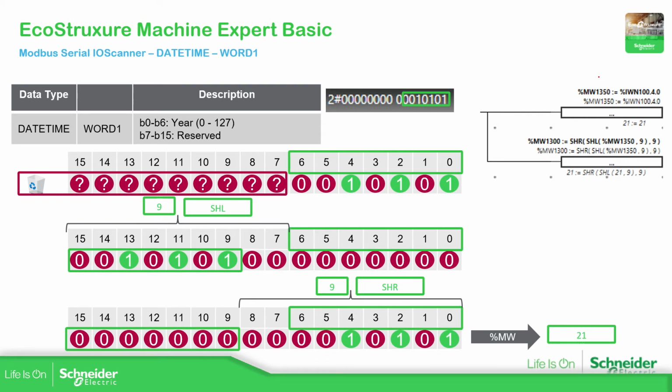So what we can do in our PLC is to use an auxiliary variable, for example, this one, which should be the last one, that will have the percentage MW information from the power meter. We move it into this auxiliary, and then with this auxiliary we can execute two function blocks, SHL and SHR.